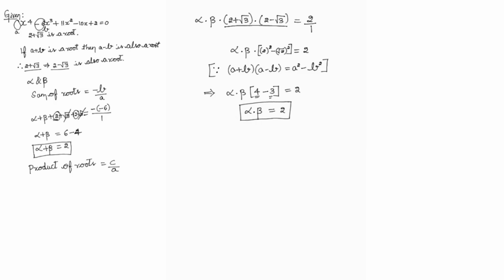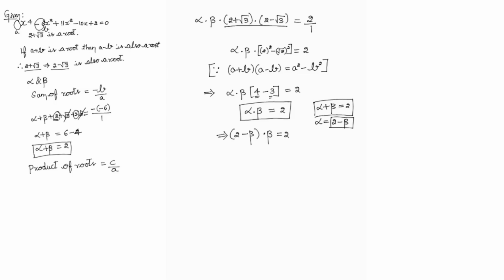Now let's remember the value from our first equation, which is alpha plus beta equal to 2. From this equation, let us write alpha in terms of beta. So alpha is equal to 2 minus beta. Now in our second equation, let's substitute the value of alpha. So which will be 2 minus beta into beta equal to 2.